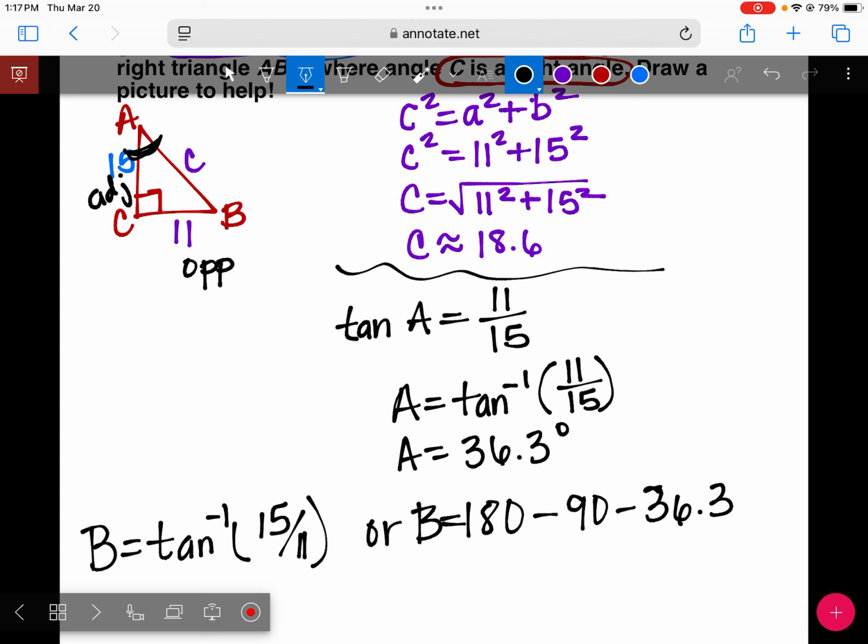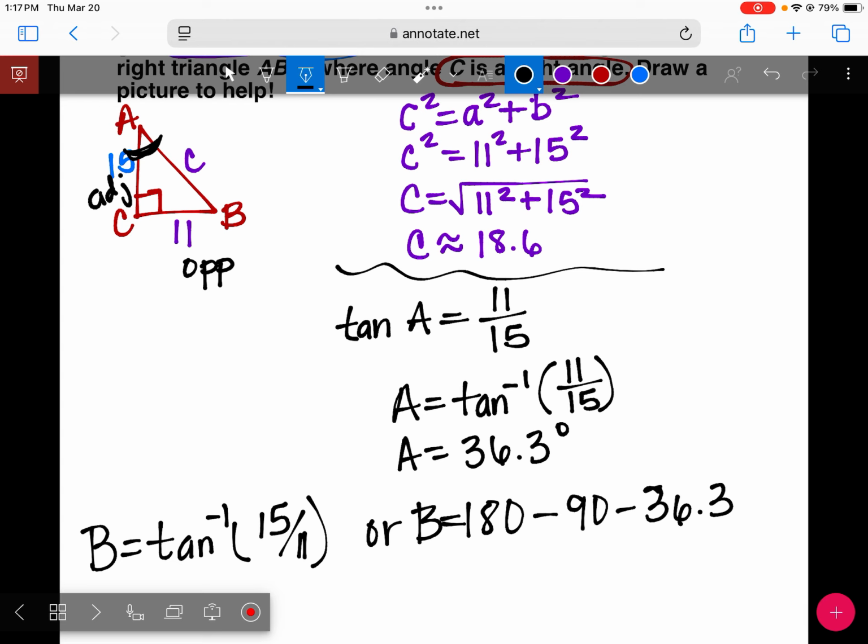So if I type in inverse tangent of 15 over 11, I get 53.7, yep. But if you do your subtraction, you also get 53.7. So we need to have two angles before we use that to do triangle sum, yes.